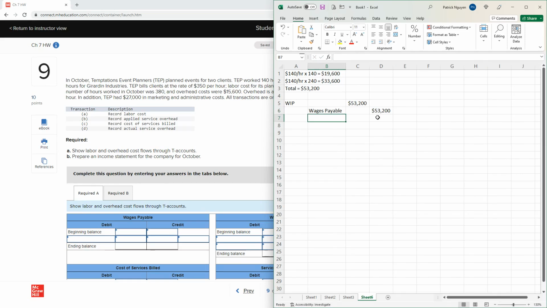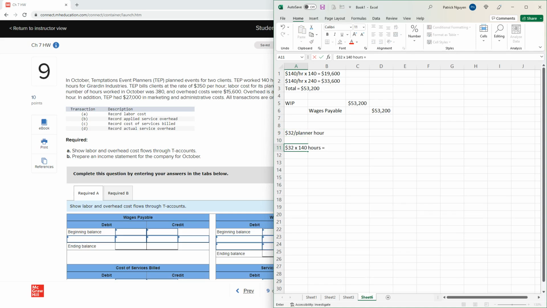Next is to record applied service overhead. The fact pattern tells us that we are applying overhead of $32 per planner hour. So that's $32 for the first job times 140 hours, which is $4,480. And then $32 times 240 hours for the other job is $7,680.